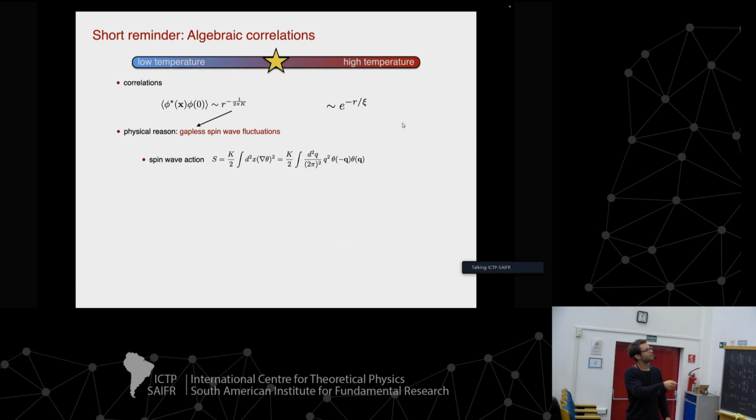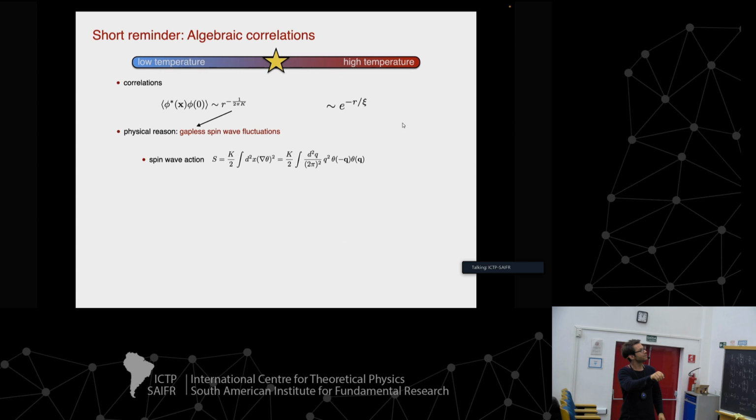Where does this algebraic decay come from? Usually, in an ordinary system at high temperature, you just have short-range exponential correlations. Here, I'm claiming that at low temperatures there's an algebraic decay of this correlation function. And here is the reason: in the low temperature regime of these problems, we have gapless excitations.